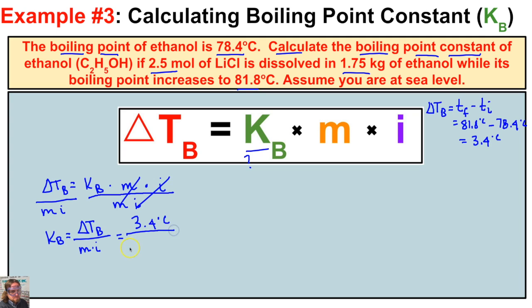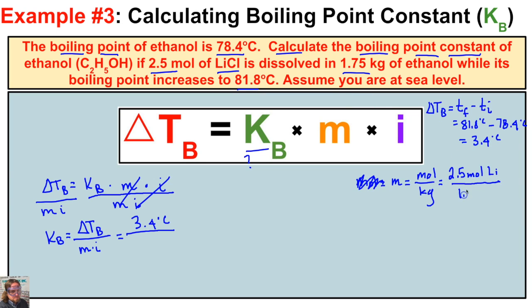And we're going to divide this by the molality of the solution. Now keep in mind that molality is equal to moles of solute over kilograms of solvent. So if we take a look here, what are we dealing with? We have 2.5 moles of lithium chloride dissolved in 1.75 kilograms of ethanol, which is our solvent.